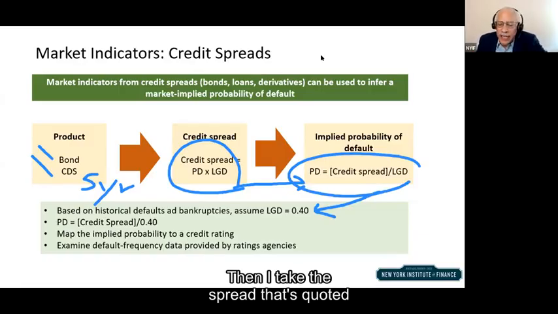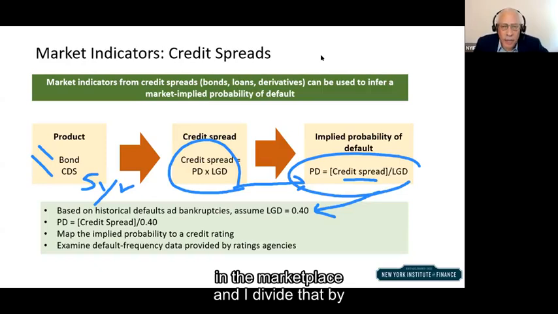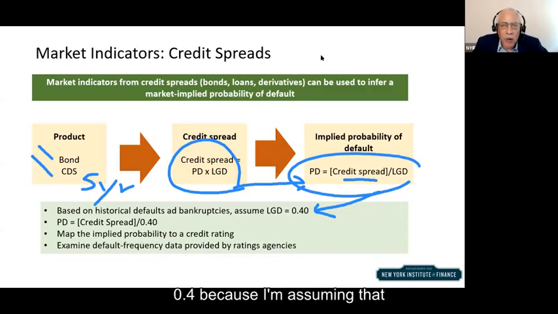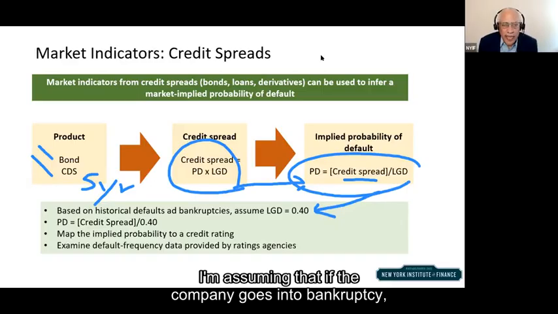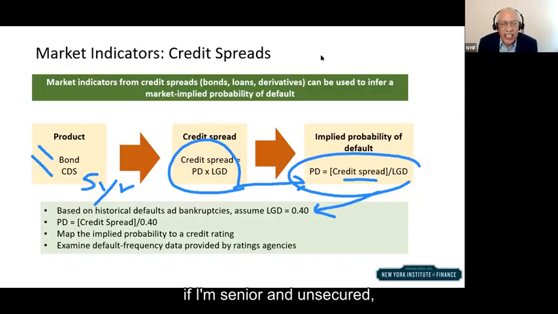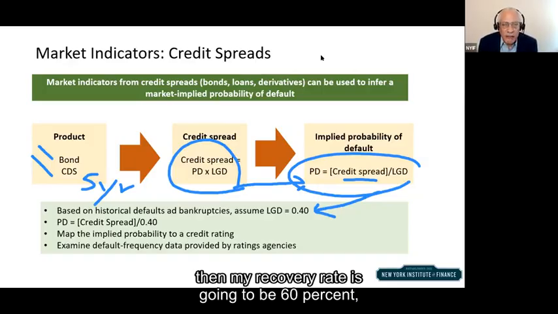And then I take the spread that's quoted in the marketplace and I divide that by 0.4, because I'm assuming that my loss given default is going to be 40%. I'm assuming that if the company goes into bankruptcy, if I'm senior and unsecured, then my recovery rate is going to be 60%.